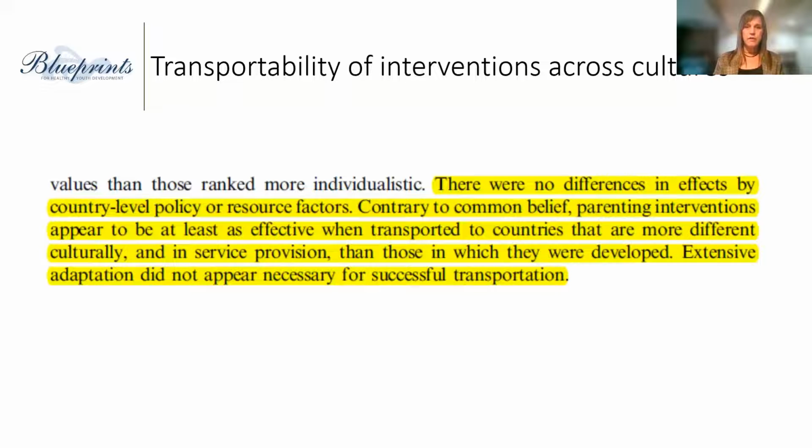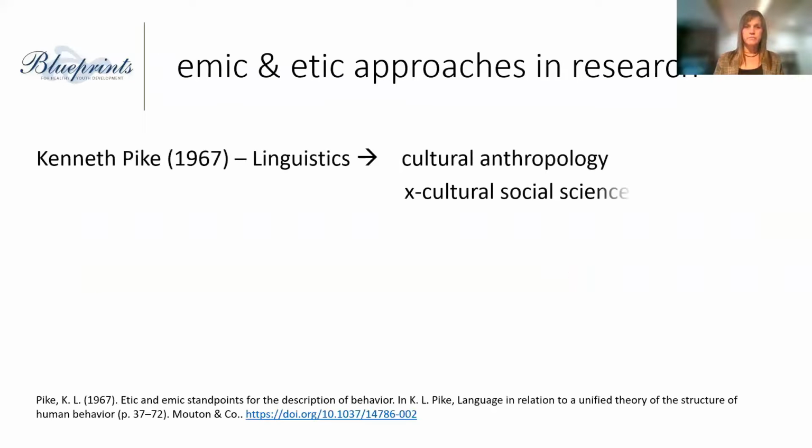Contrary to common belief, parenting interventions appeared to be at least as effective when transported into countries that are more different culturally and in service provision than those in which they were developed. Extensive adaptation did not appear necessary for successful transportation of these 4 parenting interventions.